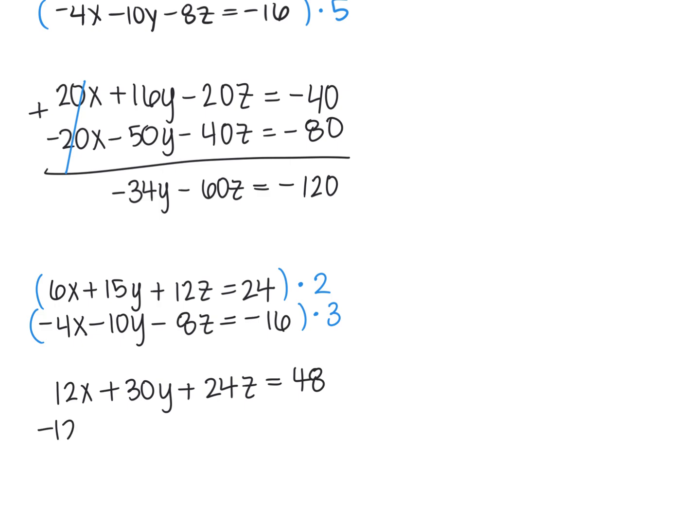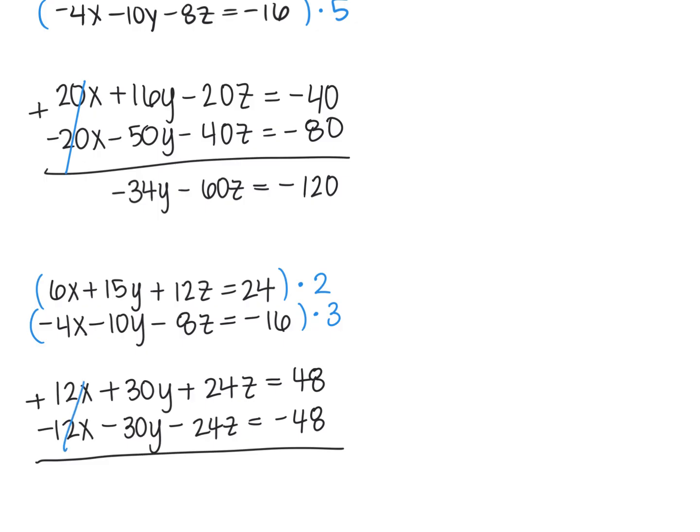Then we'll have negative 12x minus 30y minus 24z equals negative 48. So this time, when I add my equations together, not only are the x's going to cancel, but the y's, the z's, and my constants. So we're going to end up with 0 equals 0.